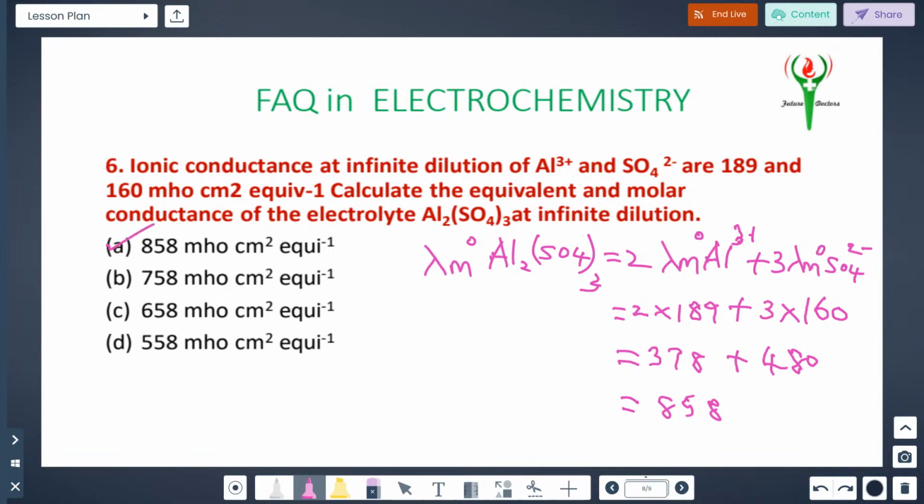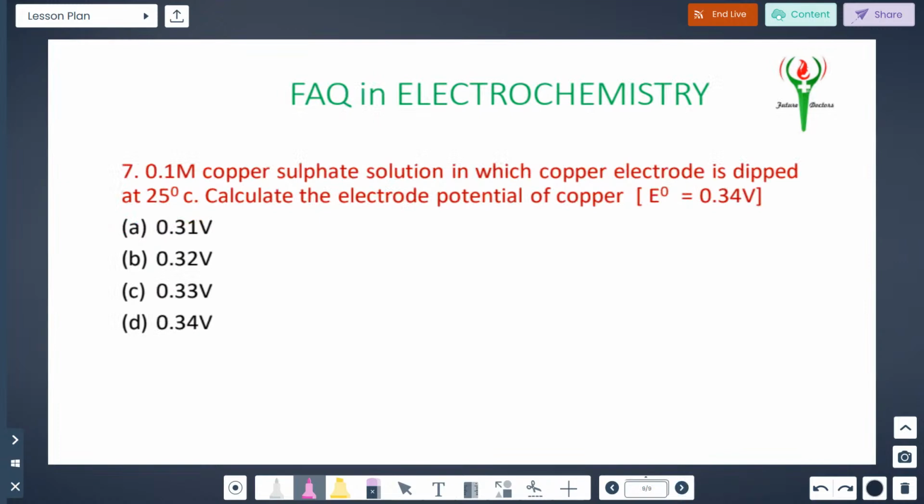Simple one. If any electrolyte is given, we can do like that. So you must know how to split. Aluminum is 2 aluminum, then I put 2 here. Sulphate is 3 sulphate, then I put 3 here. Then charge. The charge is given in the question itself, we can put it easily. Understood? Now the last sum in electrochemistry.